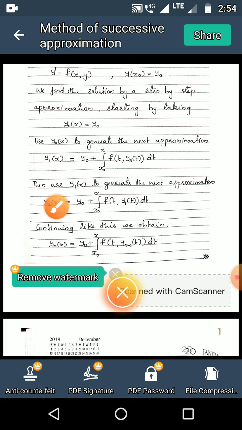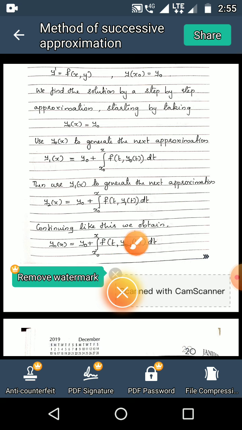y2 of x is equal to y naught plus integral from x naught to x of f of t, y1 of t dt. We know the approximation y1 of x; change the variable from x to t and place y1 of t here. Next we find y3 of x using this y2 of x, and continuing like this, in general we obtain yn of x is equal to y naught plus integral from x naught to x of f of t, y n minus 1 of t dt.